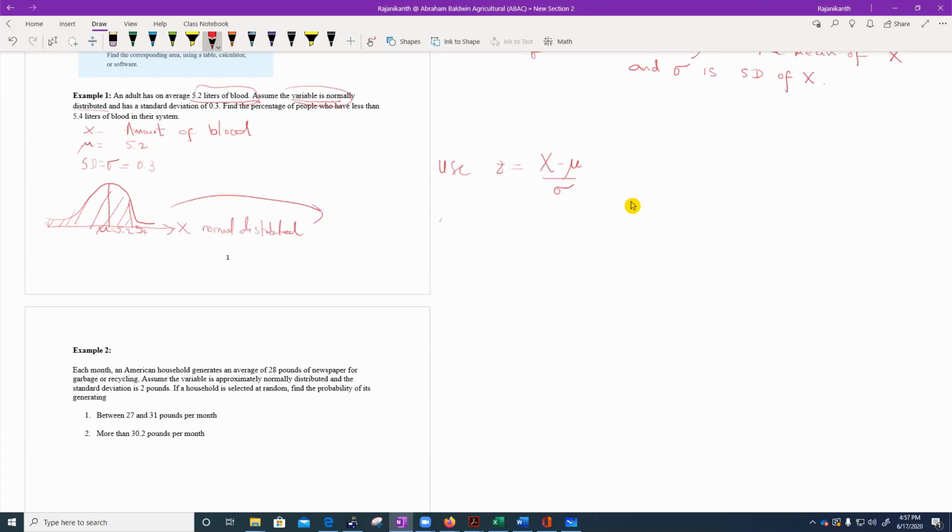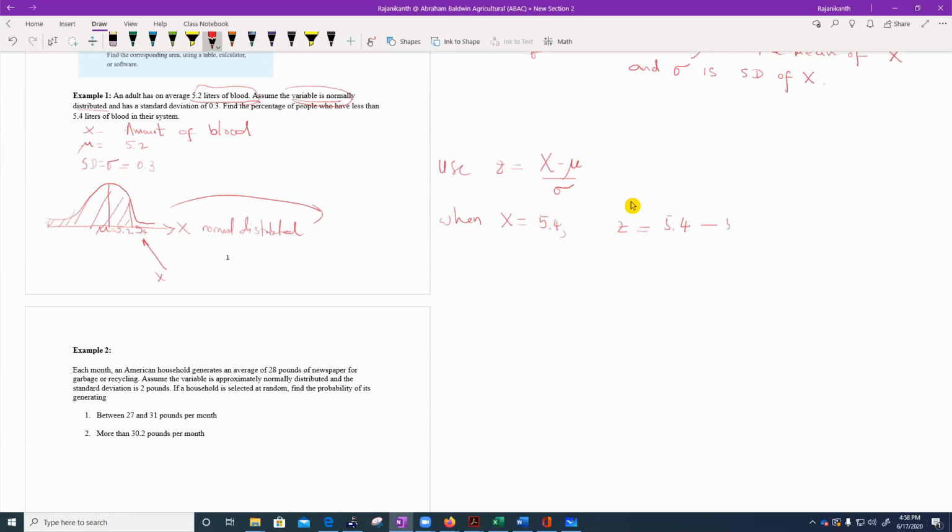Okay, so when x is 5.4, I'm going to find this point in terms of z. When x is 5.4, then what is z? I'm simply plugging 5.4 in for x, subtracting the mean of the problem.